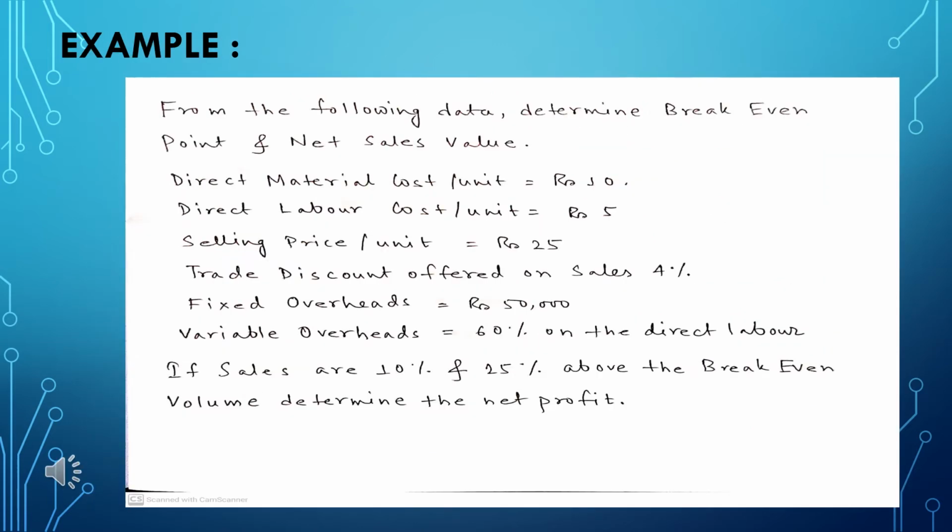Let's take another example into consideration. We need to find out the break-even point and the net sales value from the below mentioned data that are available to us. The data available are: direct material cost per unit is rupees 10, direct labor cost per unit is rupees 5, selling price per unit is rupees 25, trade discount offered on sales is 4%, the fixed overhead is rupees 50,000, the variable overhead is 60% on the direct labor cost.